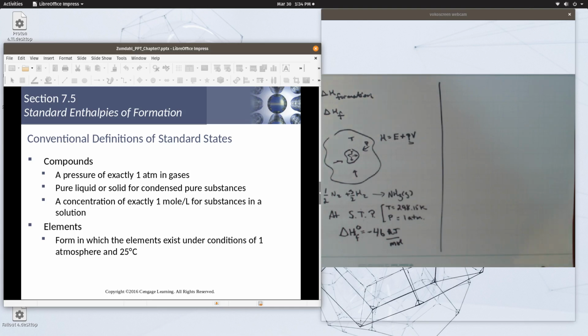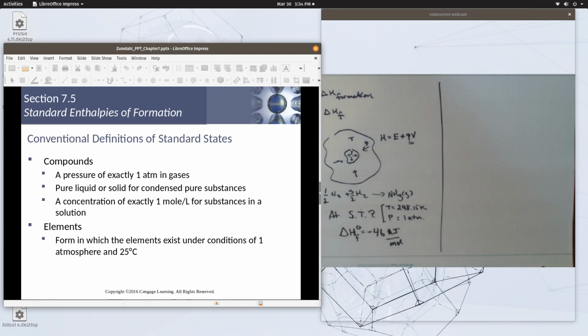Again, in normal systems we operate under standard temperature and pressure, and for substances in solution, a 1 mole per liter, 1 molar quantity. That tells us the standard state.